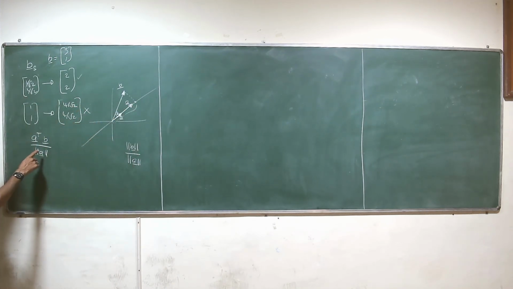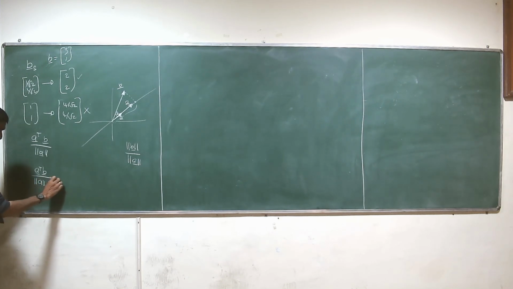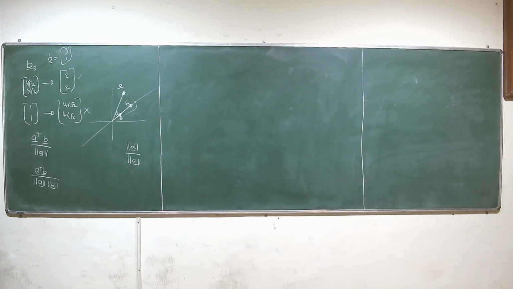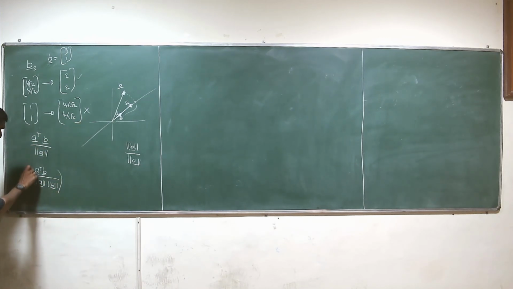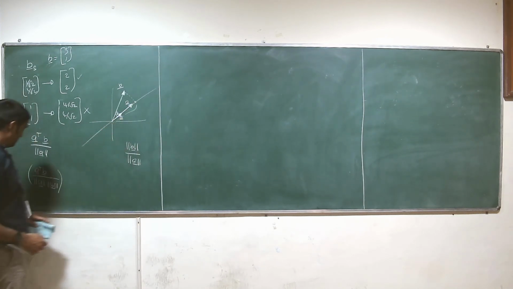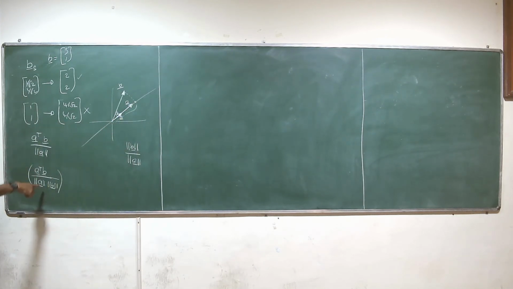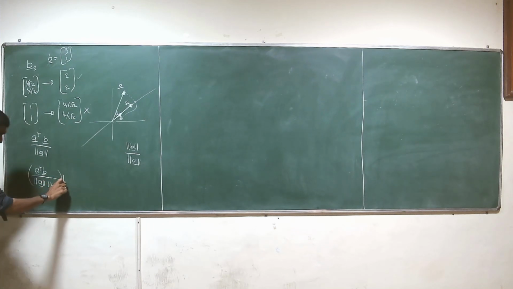So earlier, how did we arrive at this? We had A transpose B divided by the norms of A and B. This is our cos theta. And then we said we need to multiply this by the magnitude of B, the length of B, to get this distance.